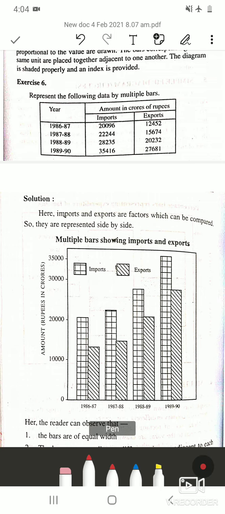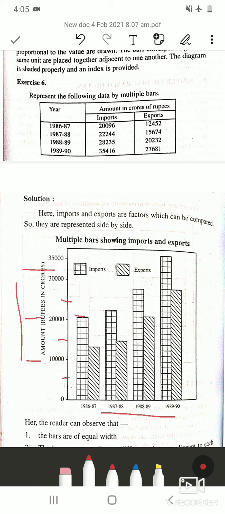So along the x-axis years are taken, and along the y-axis amount in terms of rupees is shown. So for 2 centimeters it is 10,000, 20,000, 30, 40 and so on. In the middle it is 5,000, this is 1,000, 10,500, this is 25 and so on. So for the first year the imports is 20,096 rupees, which will be somewhere over here.